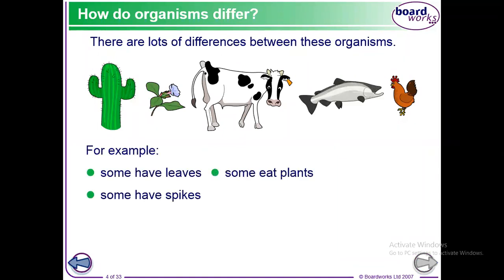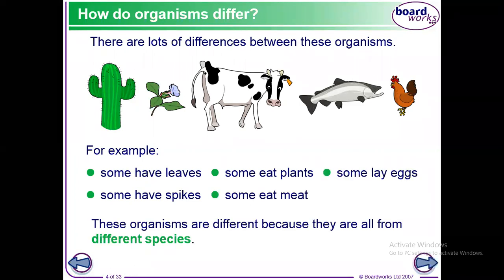Like here, you can see some have leaves, some have spikes, like the cactus. Cactus have spikes, of course, instead of leaves. Some eat plants, like the cow eats plants. Some eat meat, and the chicken actually eats both. Some lay eggs.